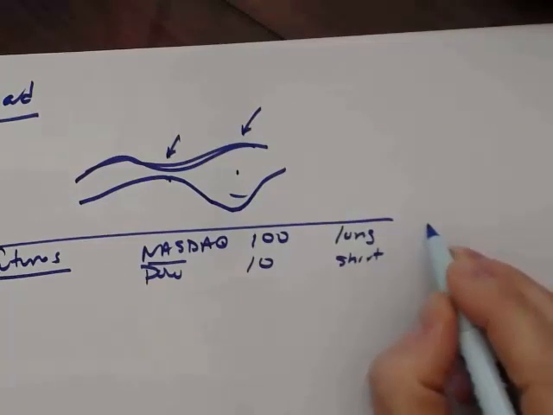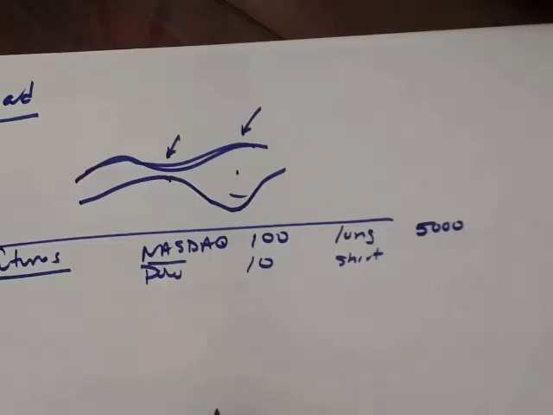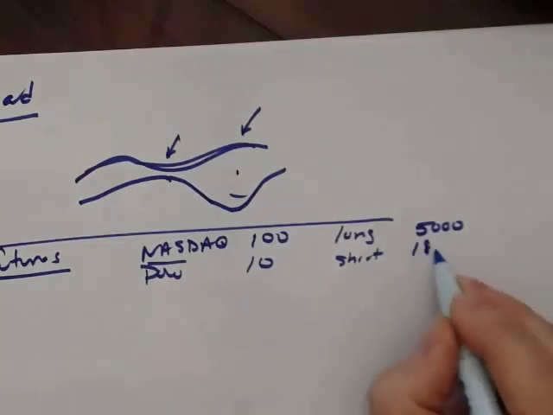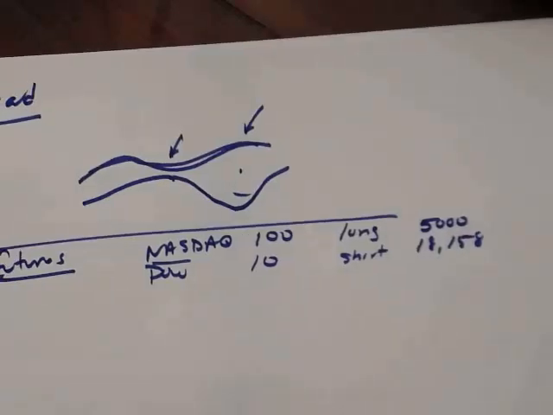The NASDAQ futures price is 5,000, and the Dow is 18,158. You decide to balance the strategy so that you have $5 million long and $5 million short.